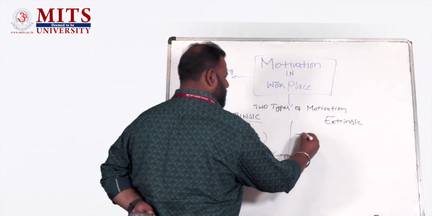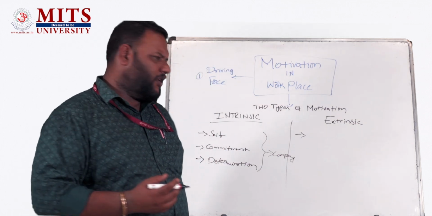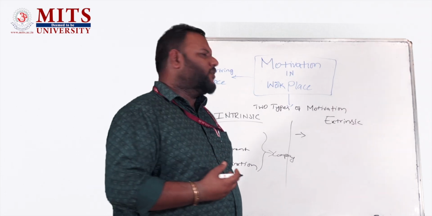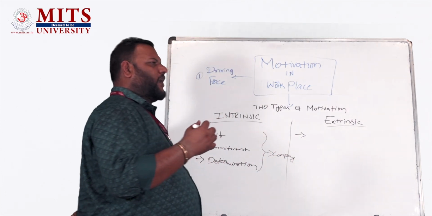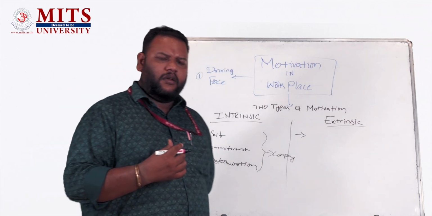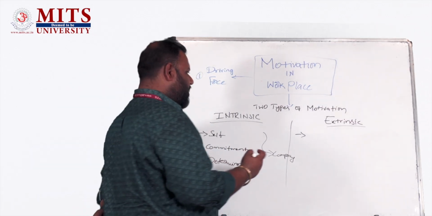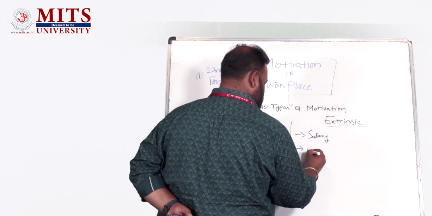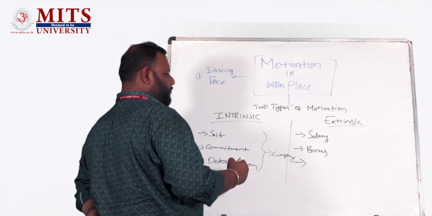So if an individual is not intrinsically motivated by default, there will be other factors that will make him motivated towards the work. What are they? Let's say extrinsic means the factors that are from external sources. Let's say from the company: salary, bonus, what else?